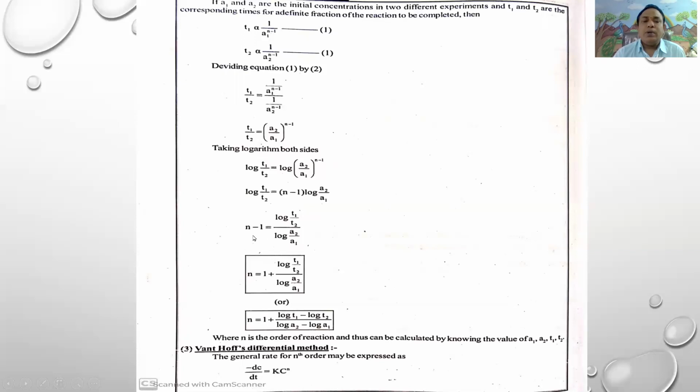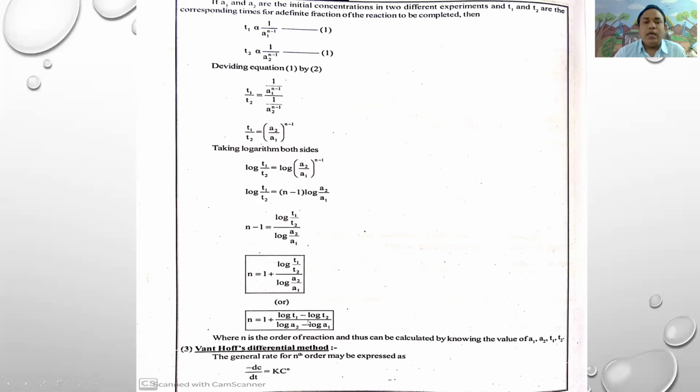That implies n minus 1 equals log(t1/2 / t2/2) whole by log(a2/a1). So n equals 1 plus log(t1/2 / t2/2) by log(a2/a1), or the same equation can be written as n equals 1 plus (log t1/2 minus log t2/2) by (log a2 minus log a1), where n is the order of the reaction and thus can be calculated by knowing the values of a1, a2, t1/2 and t2/2.